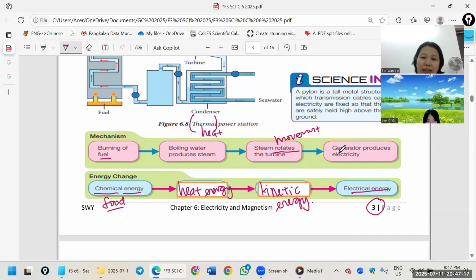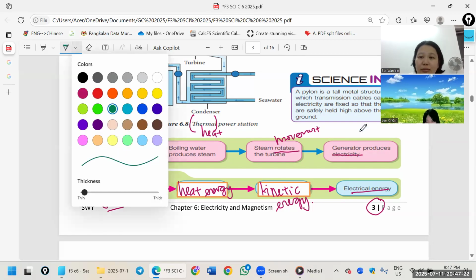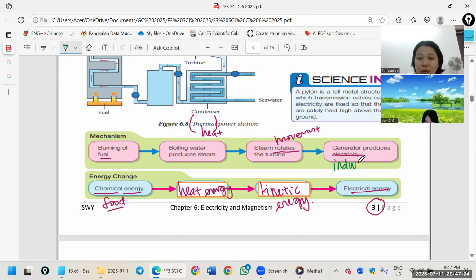Maybe you all can cancel electricity; you all write here: produce induced current.